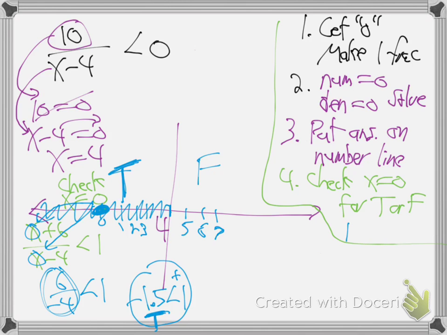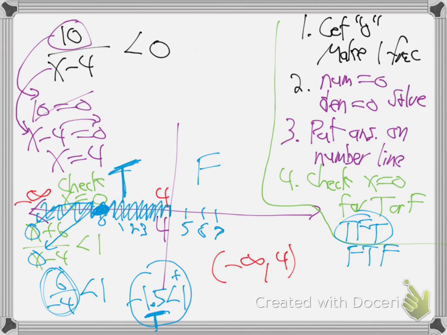Remember, it switches: true, false, true, or false, true, false. We only have 2 sections, so it's just true, false. So the true section is this left section. So how do we give our final answer then? It goes from negative infinity up to 4. Remember, you do left edge, right edge.